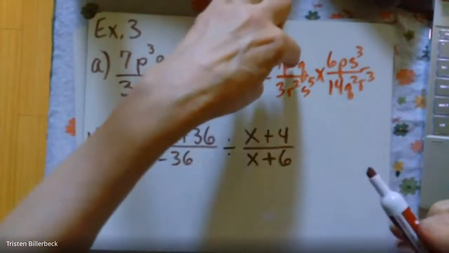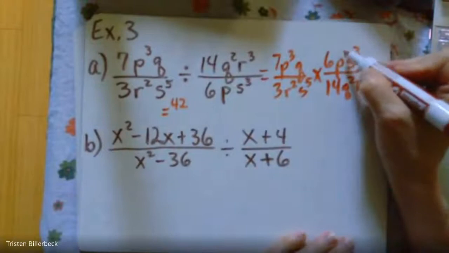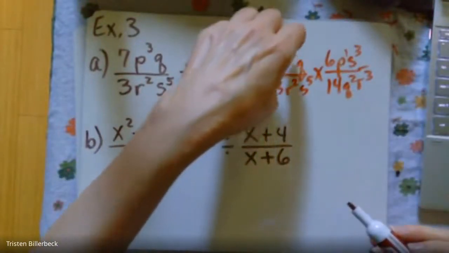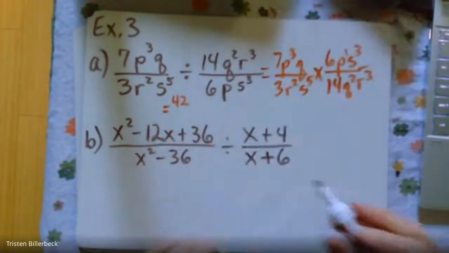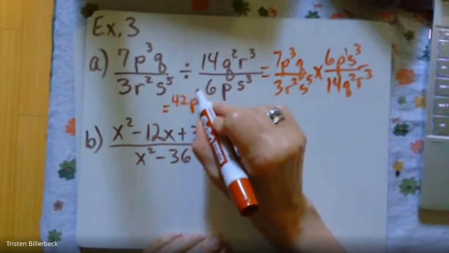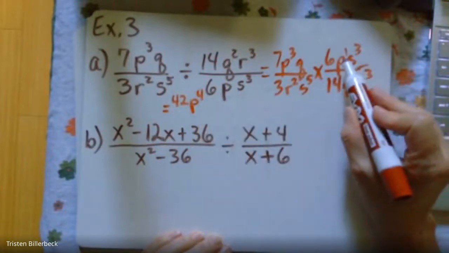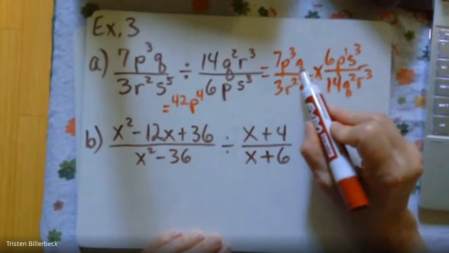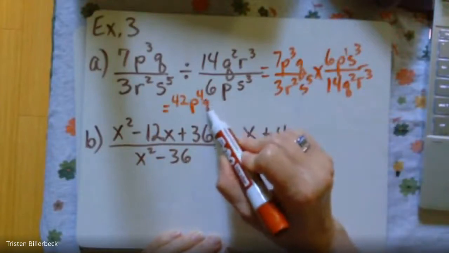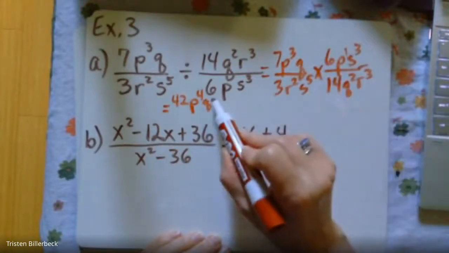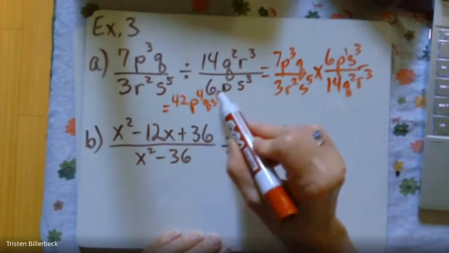Then I see I have a p here, and there's really a 1 right here. So p cubed times p is p to the 4th. So I have 4 p's. And then I have q, and I have 3 s's. So I'm going to put 3 right there.